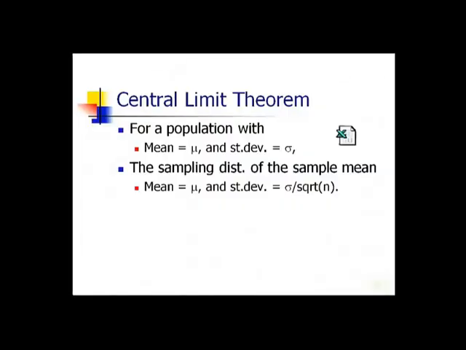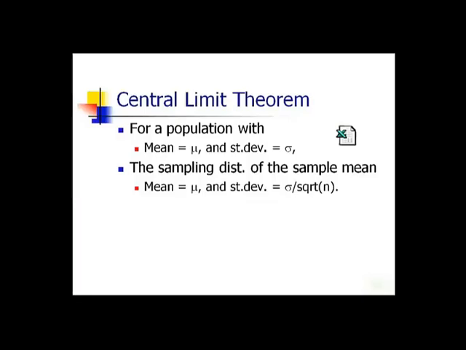And the standard deviation, the spread of this sampling distribution of all the possible sample means, is going to be given by this simple mathematical formula, to use a term from our videos: sigma, which is the population standard deviation, divided by the square root of my sample size.